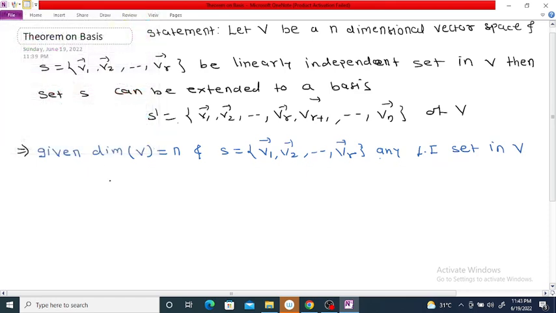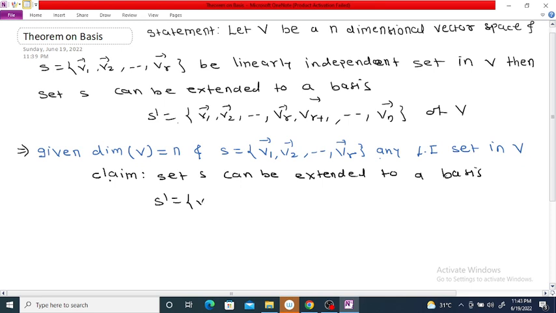We want to show that the set S can be extended to a basis S dash = {v1 bar, v2 bar, ..., vr bar, vr plus 1 bar, ..., vn bar}. Okay, so this is our claim.